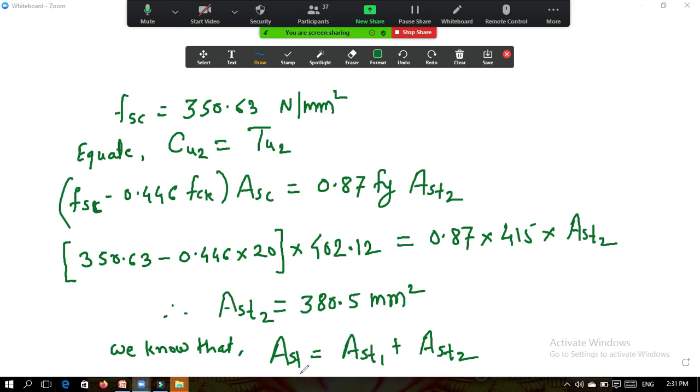What is the value of AST? You know the value of AST, you know the value of AST2, so you can calculate the value of AST1. Is it over? So that I can clear the board.